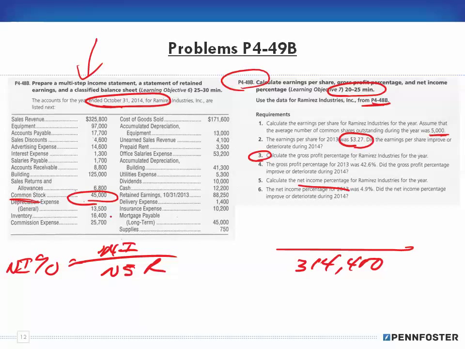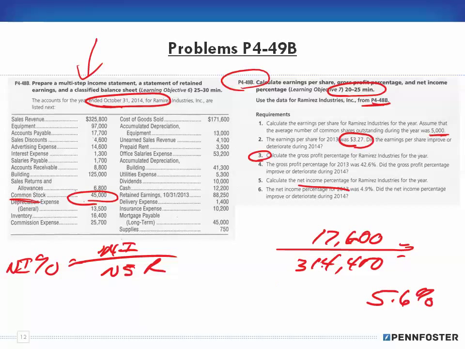And so for our net income, again, we're going to look at our income statement, and we're going to see that's 17,600. Boy, I can't write that 6 for some reason. And we divide that by our net sales revenue, all right? And this ends up being 5.6%.